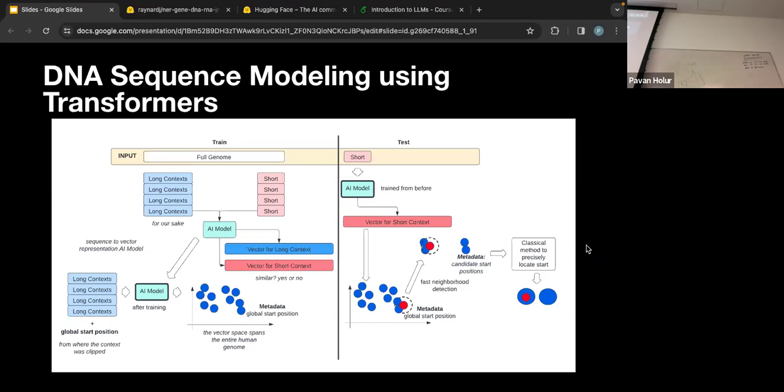Would it be much faster than the traditional way of mapping? What I will say is that it's much faster than the very traditional way, using something called the Smith-Waterman distance, which is basically edit distance. But if we compare this model to methods like Bowtie or the much faster BWA-MEM2, those are much, much faster.